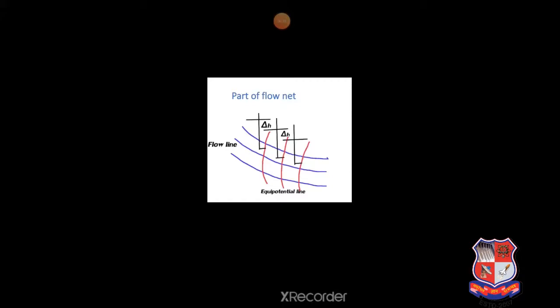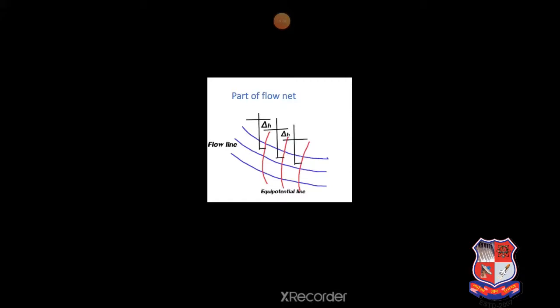Equipotential lines are formed by connecting the points of equal total head. Equipotential lines are always perpendicular to flow lines. The space between 2 adjacent equipotential lines represents a drop in head, which is known as potential drop.